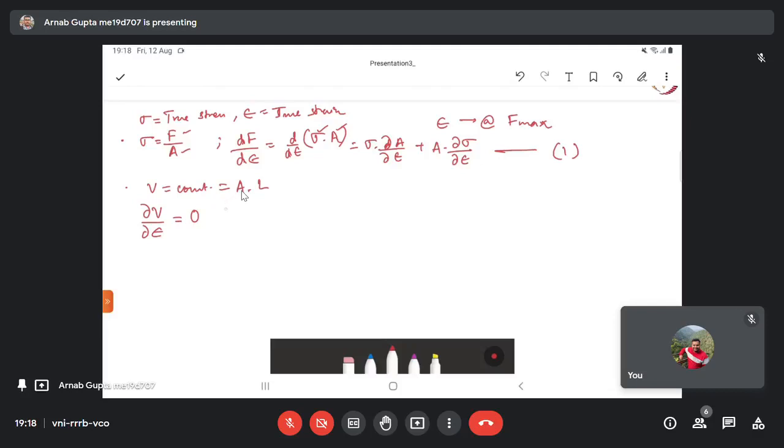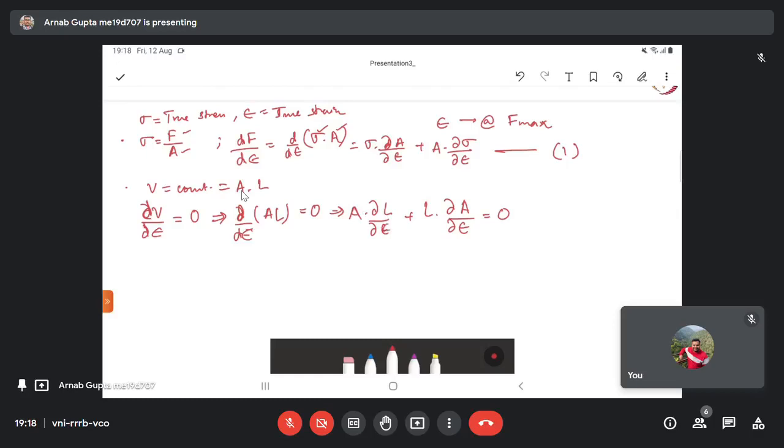That is d by d epsilon of A L is equal to 0. So that's A into dL by d epsilon plus L into dA by d epsilon is equal to 0.